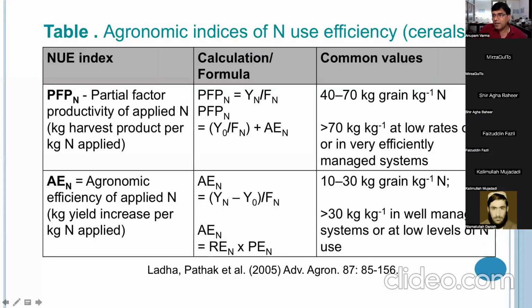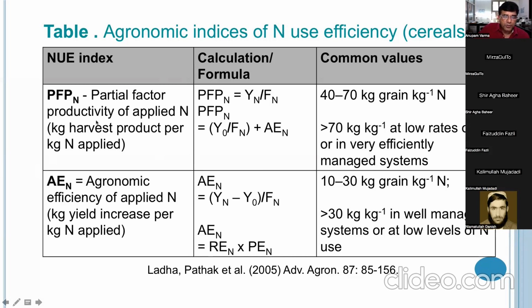Now for more clarity, you just see the formula here. These are different kinds of nutrient use efficiencies, and I have taken nitrogen as an example. So you need to be careful. I am talking about nitrogen now, but you can apply the same formula for any other nutrient like phosphorus, potassium, or zinc, or sulfur, whatever you like.